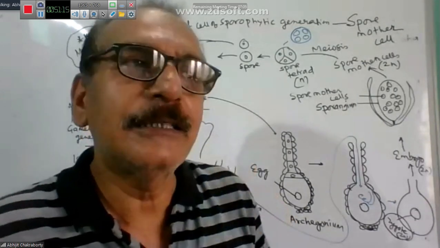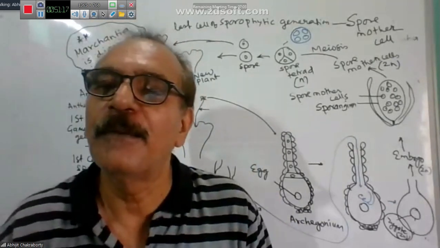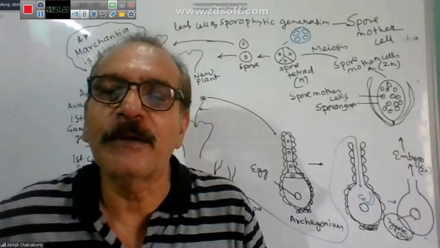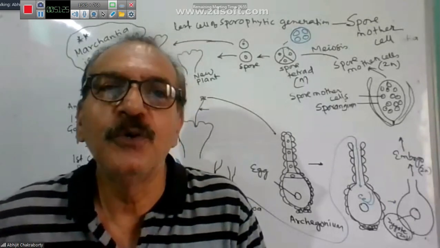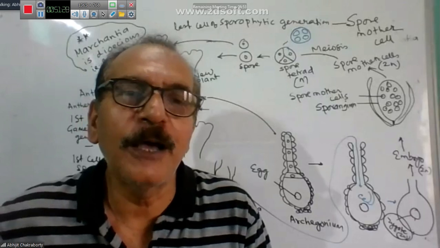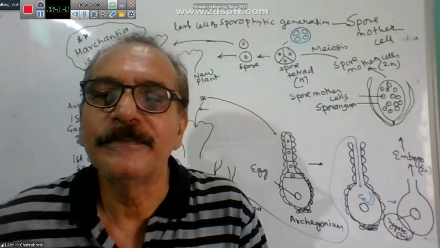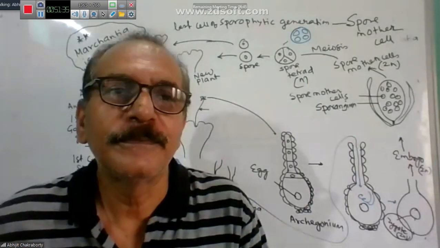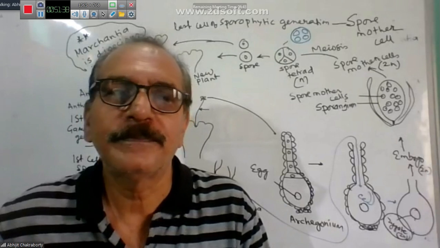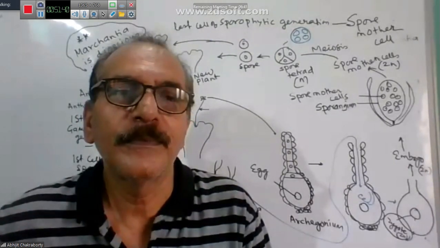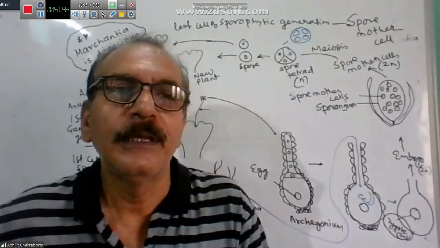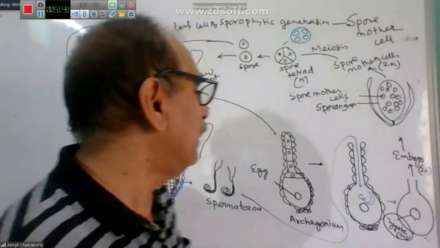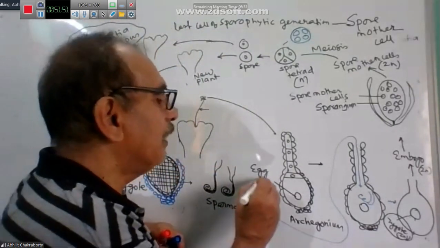Listen please, everyone please mute. The cells of gametophytic generation which unite to form the first diploid cell are called large cells of gametophytic generation. So the cells should be sperm, spermatozoa, and egg.